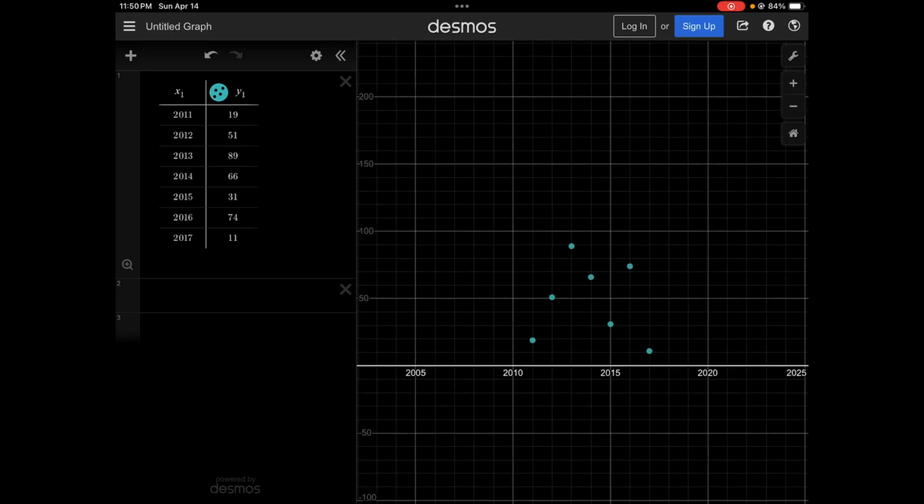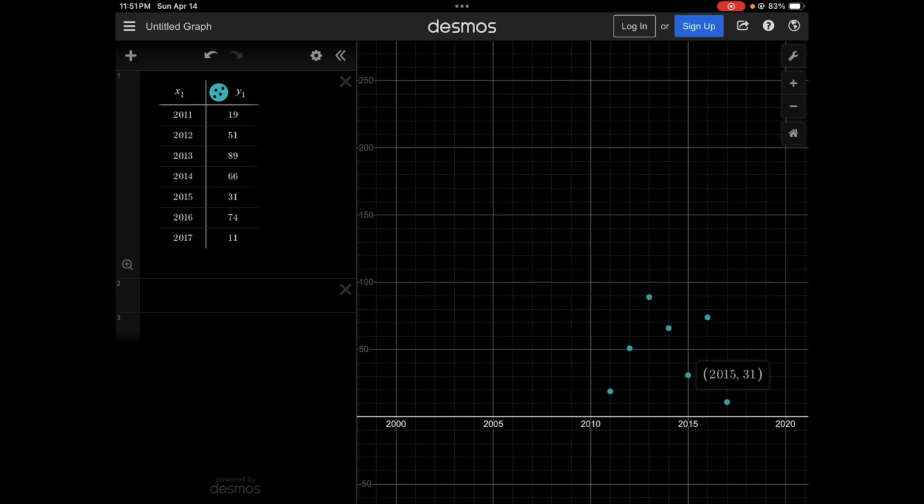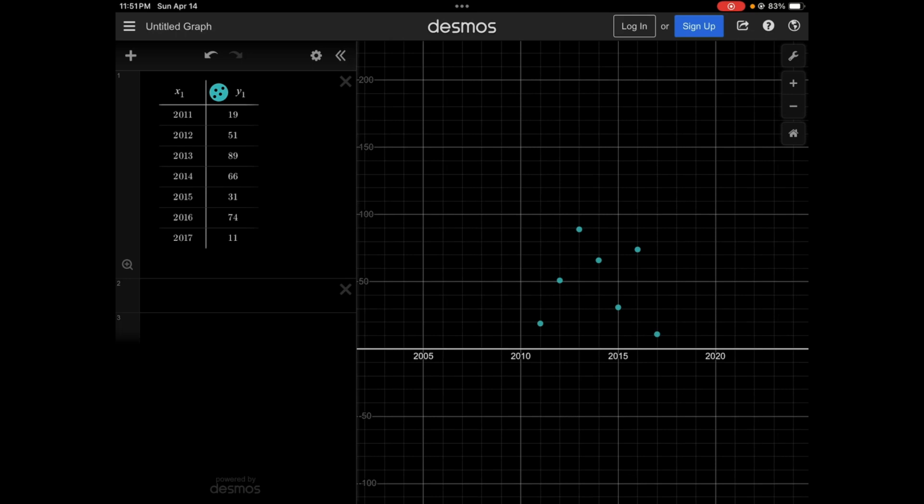Just by looking at it, I can tell that this does not try to align closely to any line, so it's going to be weak. Now whether it's going down or up, that's still not clear, but you can see at least that in the recent years it's kind of going down a little bit.